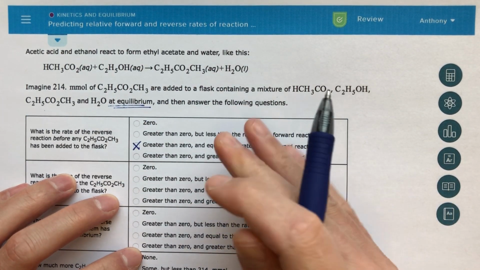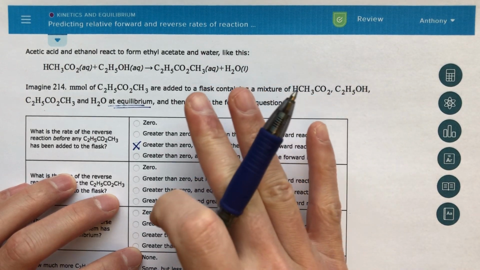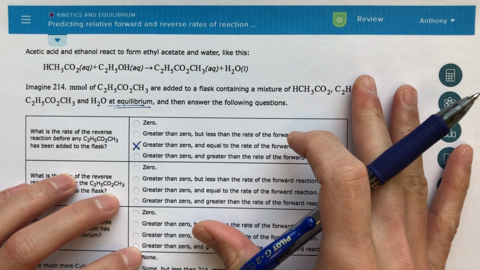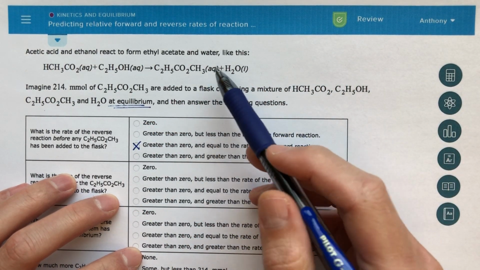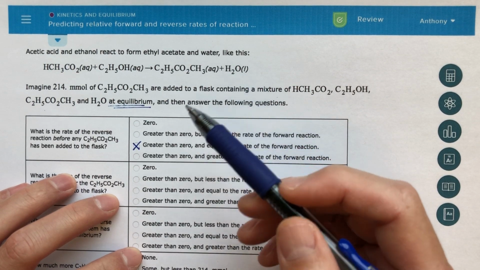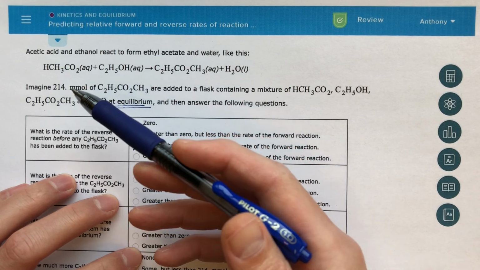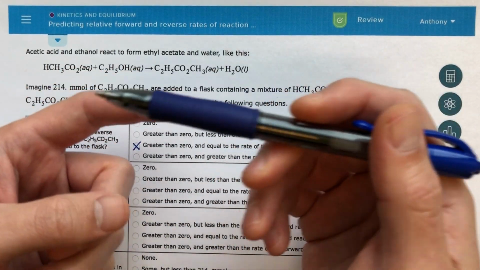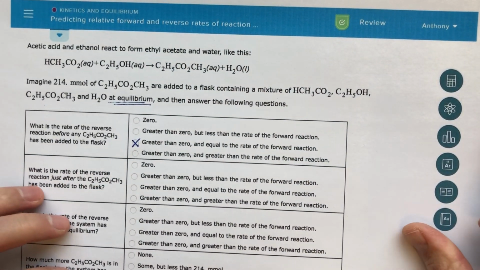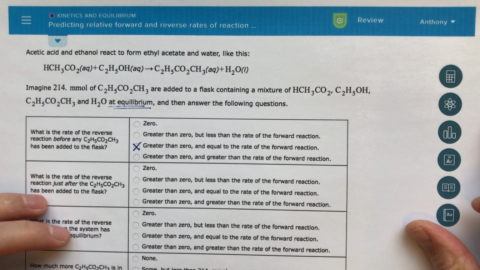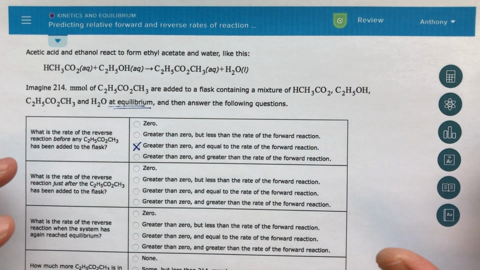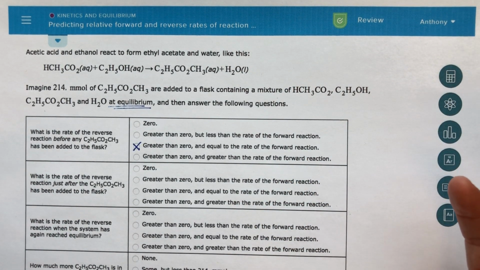Equilibrium does not mean that reactions have stopped. It means that the formation of the products is occurring at the same exact rate that the products are converting back into the reactants. So both reactions are going, but the rates are the same. Therefore, the overall concentration of products and the overall concentration of reactants is staying the same. So we're not seeing any net change.